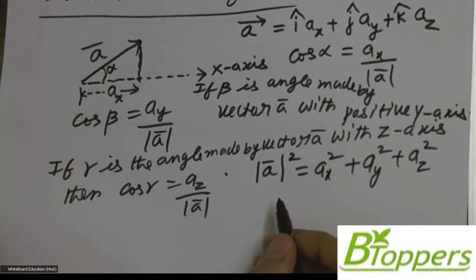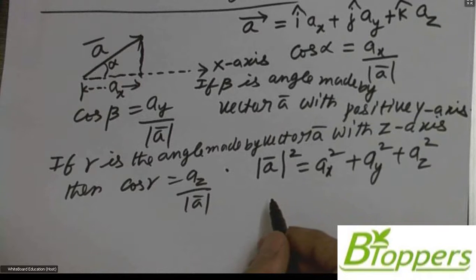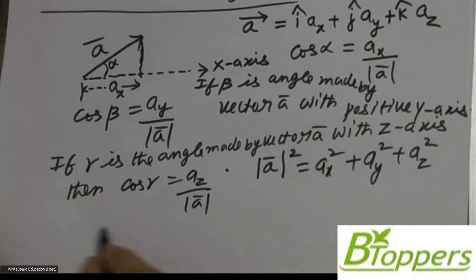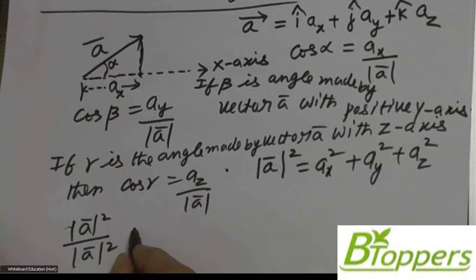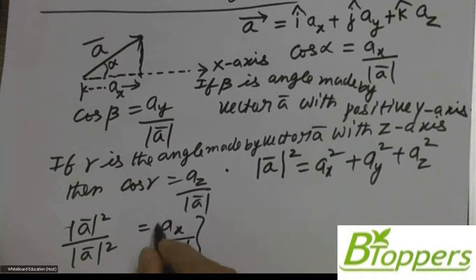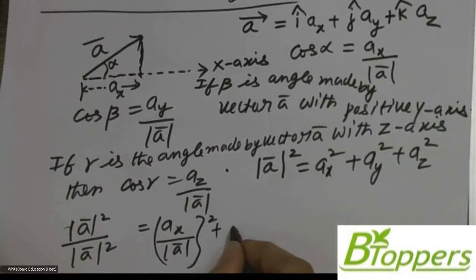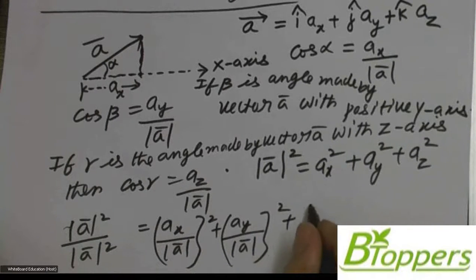If you divide both sides of this equation with square of the magnitude of vector A bar, you get square of magnitude of A bar by square of magnitude of A bar equal to AX by mod of A bar square plus AY by mod of A bar square plus AZ by magnitude of vector A bar square.